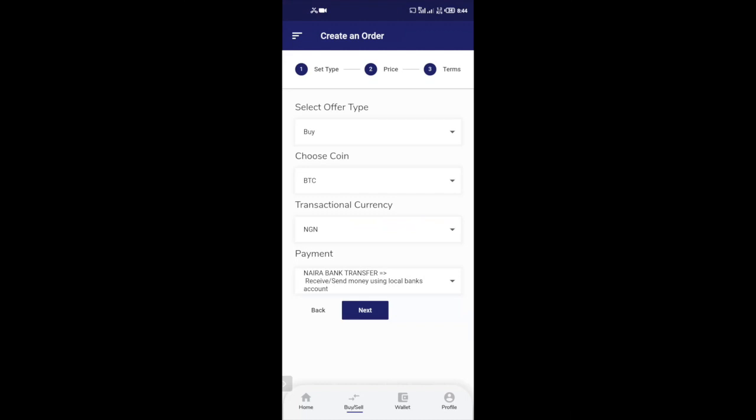Then it gives you the coin, but you will still have the power to authorize the deal. There will be an authorization button for you to click. That is after you've checked and you've seen that the conditions are well met and everything has gone successfully, you can also authorize for that deal to go through.